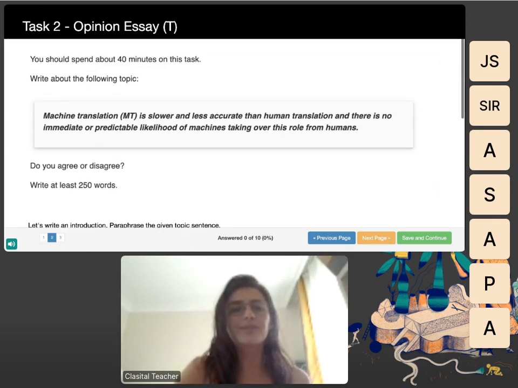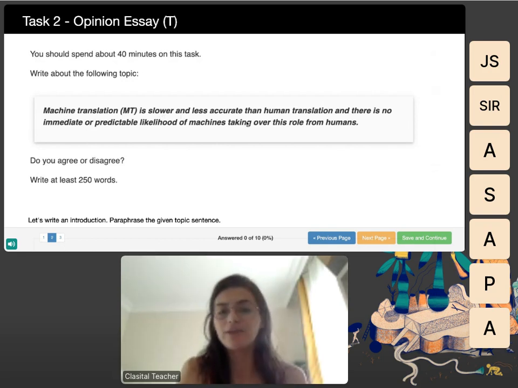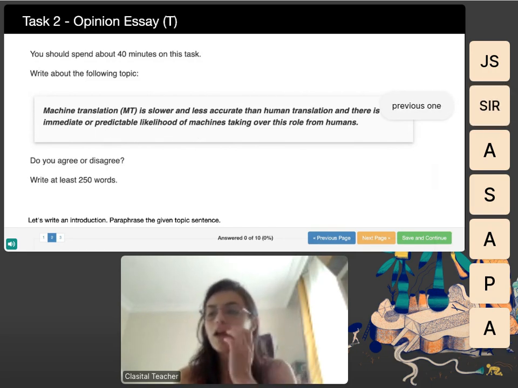So basically, in opinion essays, we will have an information sentence. For this one, we have, let's say, machine translation, MT, is slower and less accurate than human translation, and there is no immediate or predictable likelihood of machines taking over this role from humans.